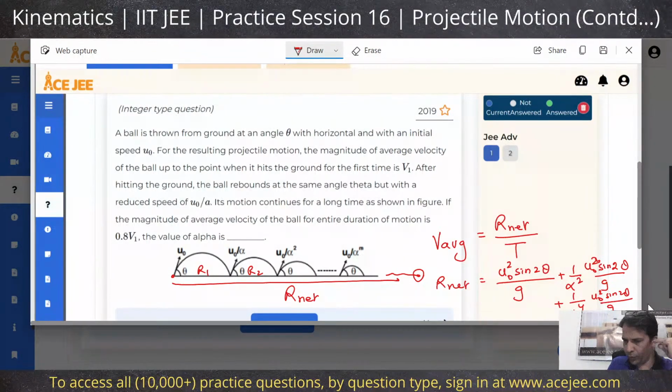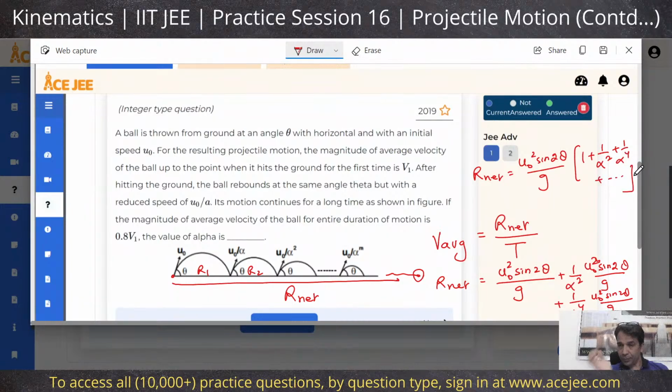In other words, R net is u0 square sine 2 theta divided by g times 1 plus 1 by alpha square plus 1 by alpha to the power 4 and so on. Right? And what is this? It is a GP, a geometric series. So what is the sum of the GP?